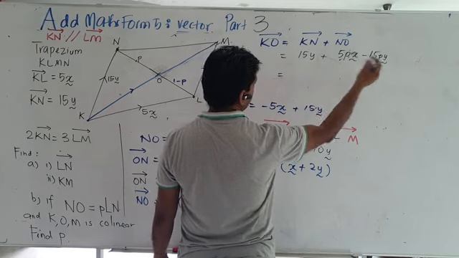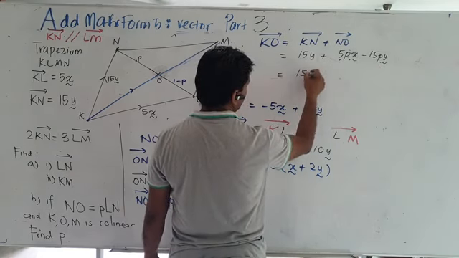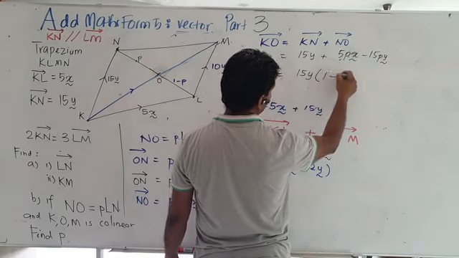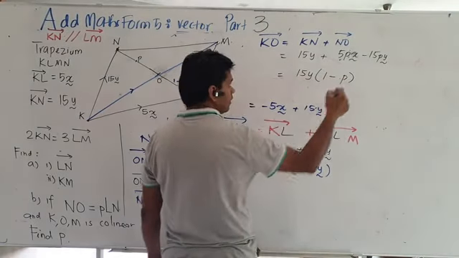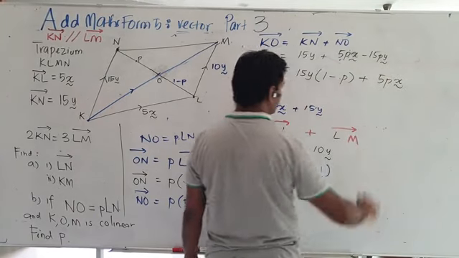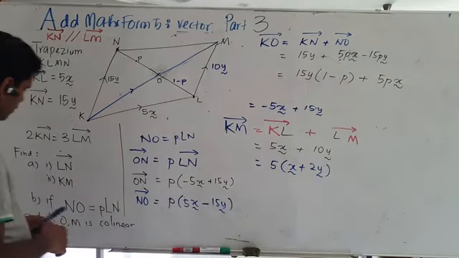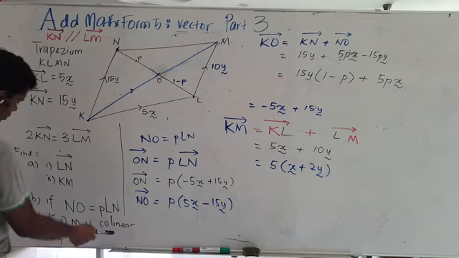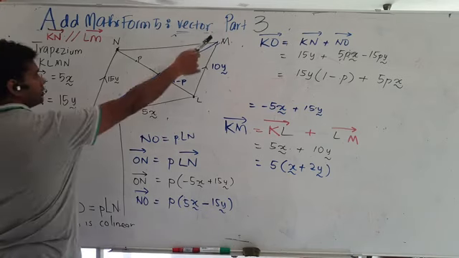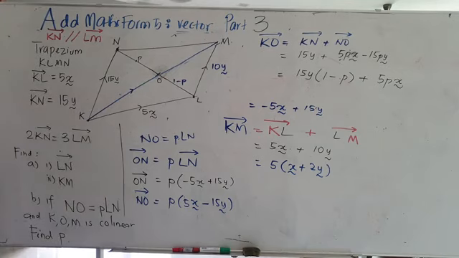When we factorize the y, 15y, what do you get? 1 minus p, plus 5px. Okay, so that's a simplified version. So what are we looking for? We are now looking for the value of p if this is a straight line. Okay, KOM is a straight line.